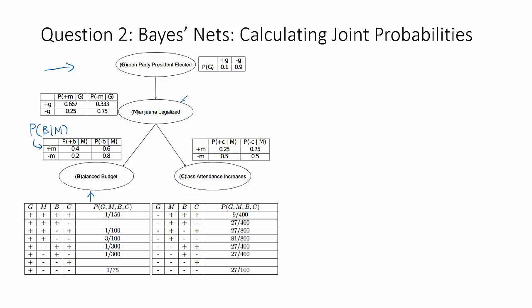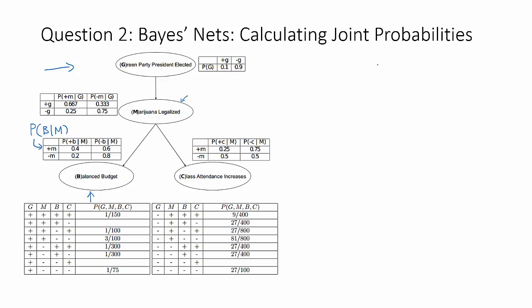And this is exactly this table right here. To calculate the joint probability of a Bayes net, we're going to take a product of the entries in the conditional probability tables of each node that are consistent with the assignment that we're querying for.